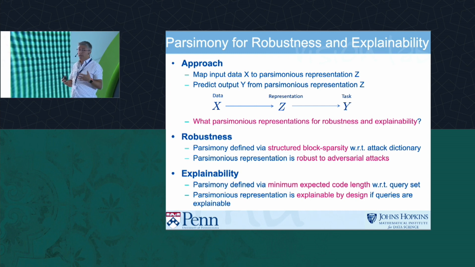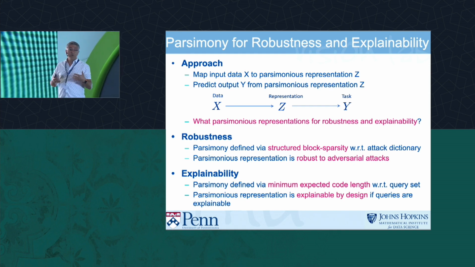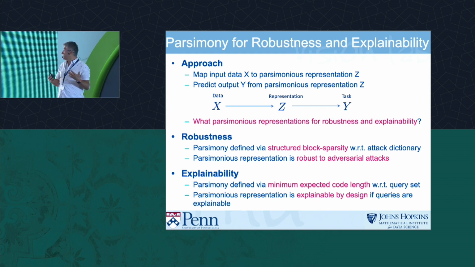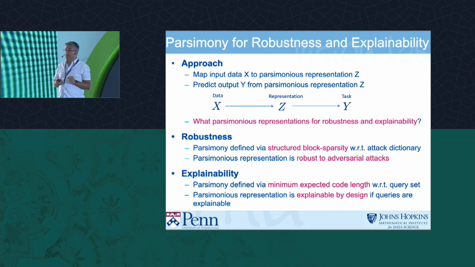We are going to really use low dimensionality, or in our case, the minimum expected code length with respect to some dictionary. And that dictionary is going to be semantic and explainable by construction. Therefore, in this second case, the parsimonious representation is going to be explainable by design if this query set that I'm going to be talking about is explainable.